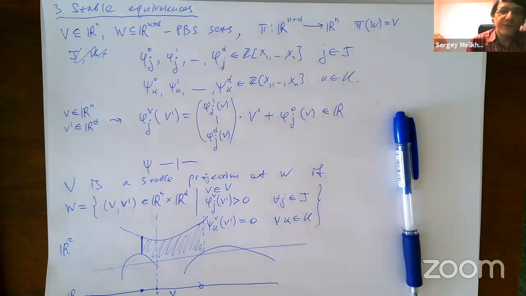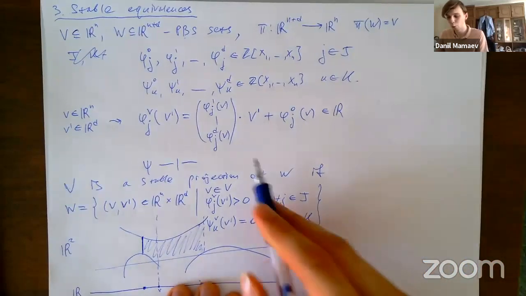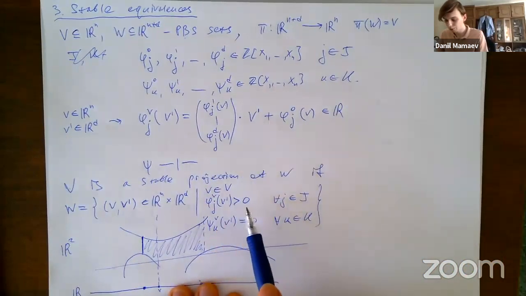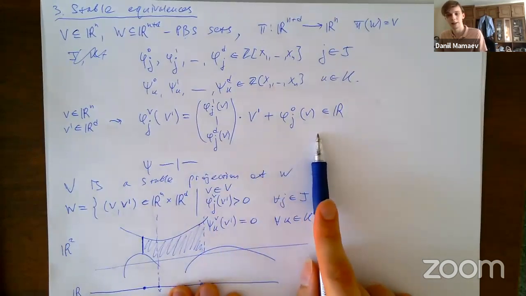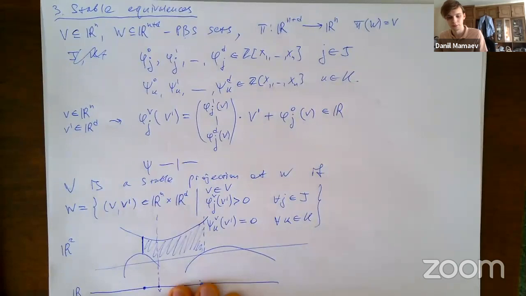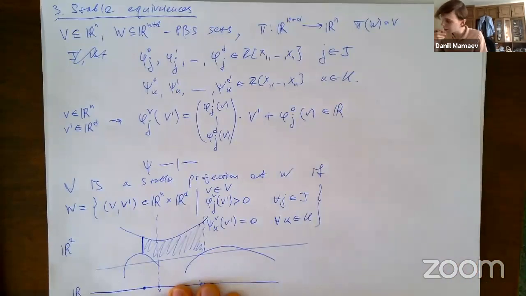Yes, it doesn't matter. They depend polynomially on the base. Okay, I see. But over a concrete point in the base, what we want is just some affine inequalities and equations. Okay, yeah. Let me give one more example.